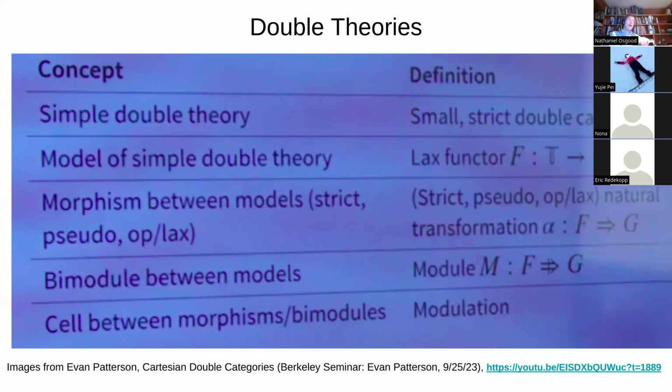Powerful as that is, here we can do something much richer yet. We have these double theories. We can capture a lot of additional richness, capture a lot of compositional reasoning, capture these open systems.